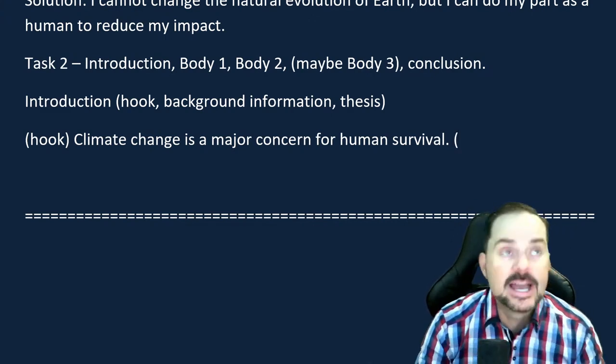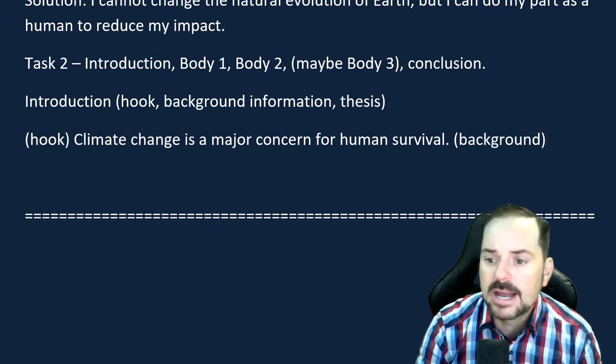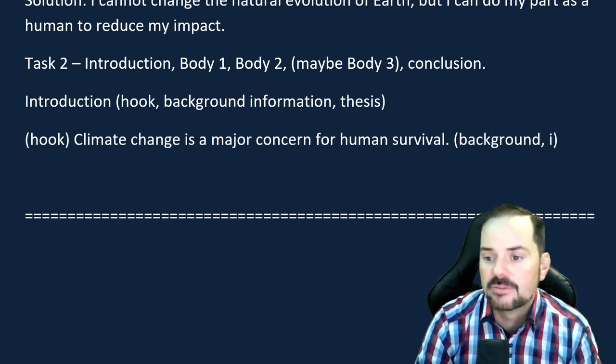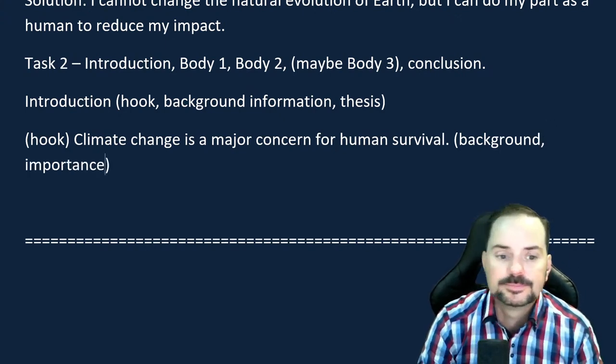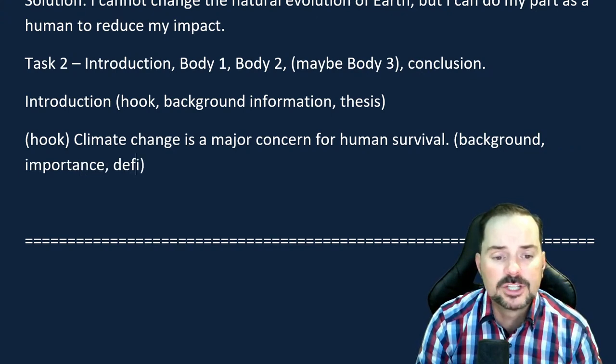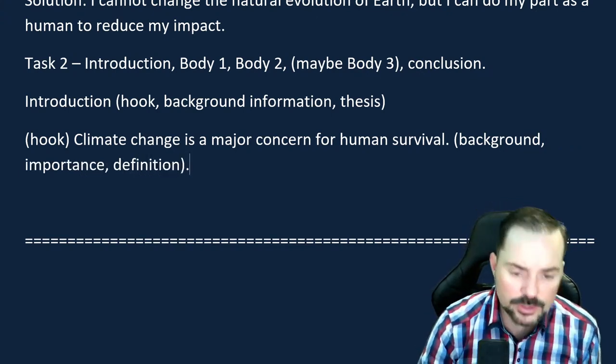That's my hook. Now, I want to write my background. Background includes the importance of the information, which I kind of have in my hook here. It's the importance and definition. Okay. And so I'm going to do that.